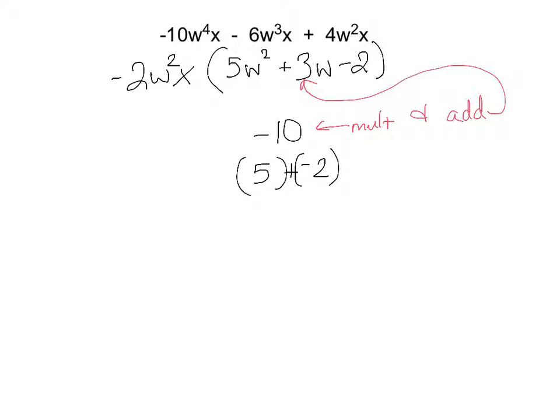positive 3. Let's rewrite this trinomial with 4 terms where we separate the 3w into 2 terms. Don't forget that the negative 2w squared x, that GCF that we factored out, has to keep coming. And then I'm going to have 5w squared.